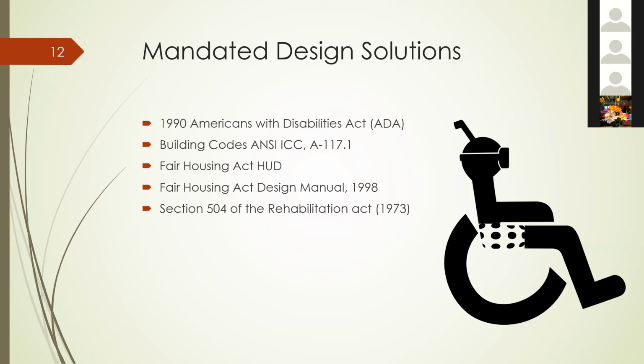Certainly the biggest one is the Americans with Disabilities Act, and if you are within the city of Fairbanks, the city building department uses ANSI A117 to review and do building inspections.